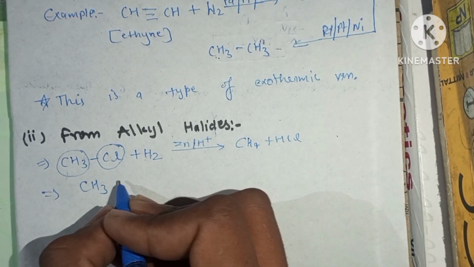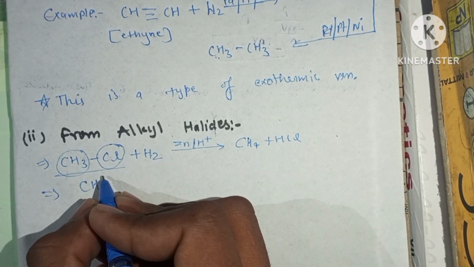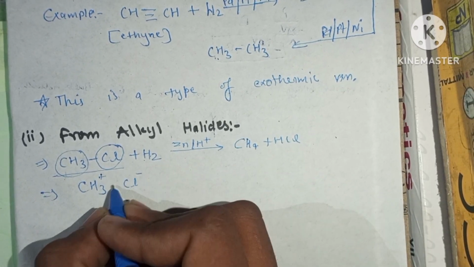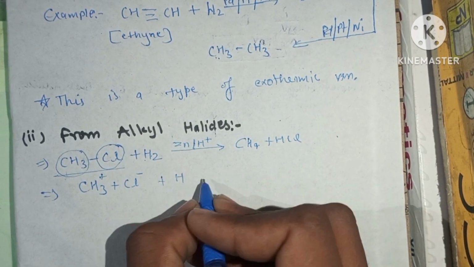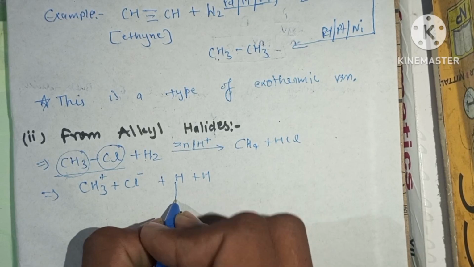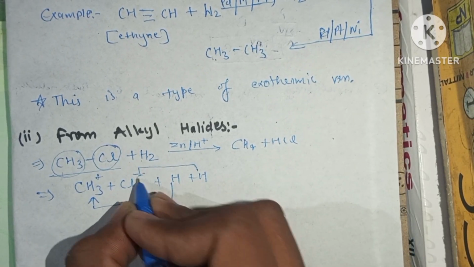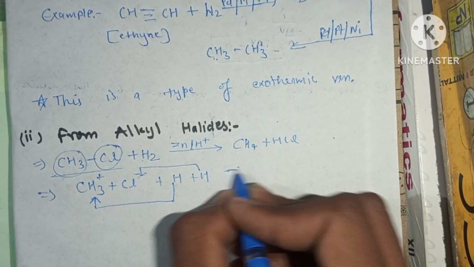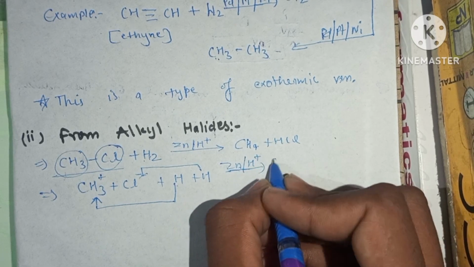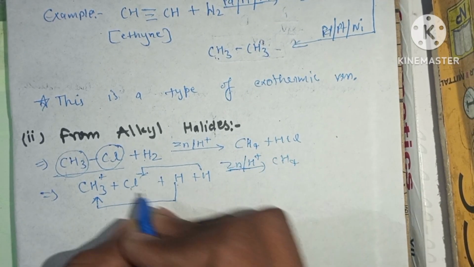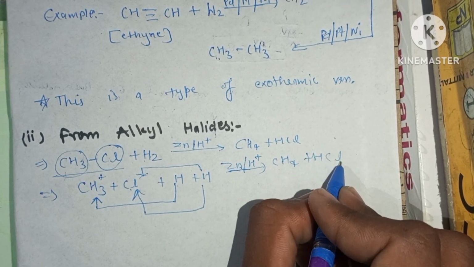CH3Cl, this alkyl halide, will break into CH3 plus and Cl minus, and this dihydrogen will be H plus H. One hydrogen atom will go with this and one with this, so this will be CH4, and this Cl will be attached to this hydrogen atom and this will become HCl.